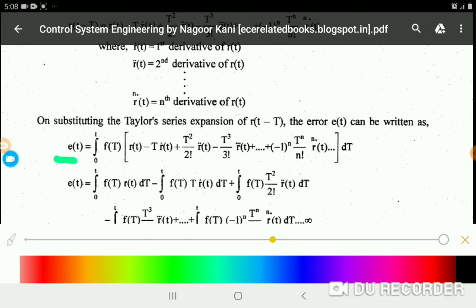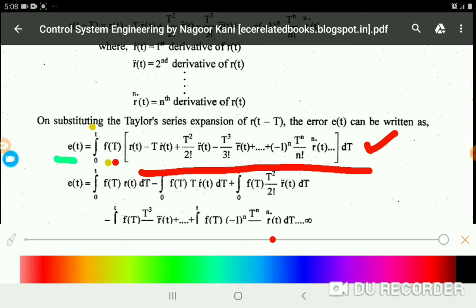Then e of t equals the integral, which we already changed as 0 to t, f of t, r of t minus T, with the Taylor series expansion. Mere substitution of the same: r of t minus capital T r dot of t plus T square by 2 factorial r double dot of t, and it goes on, into dT.